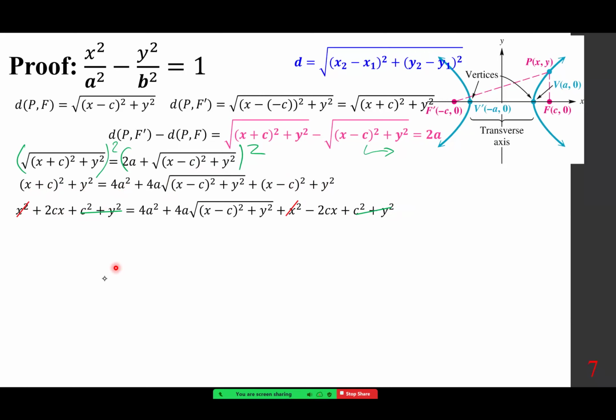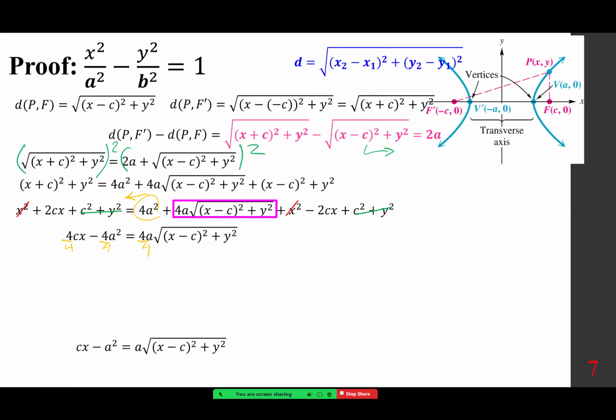We get rid of them. And then this one, we are going to keep unchanged. This one, we'll move it. And we notice we can get rid of the 4 on both sides. That makes it easier.